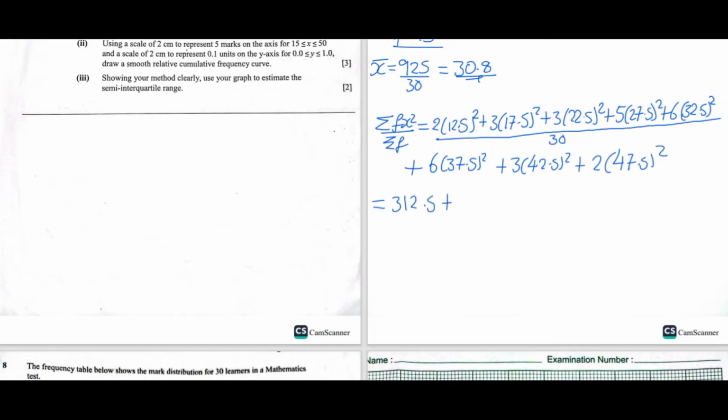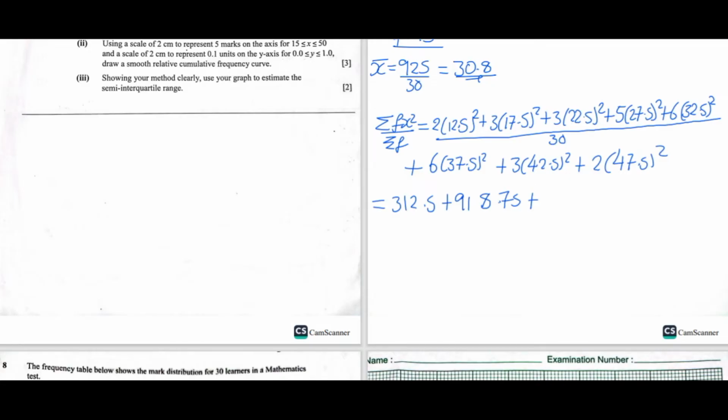So I'm getting 918.75, plus we go to another 3. We have to make sure that we don't make any mistake, because any mistake may be costly.